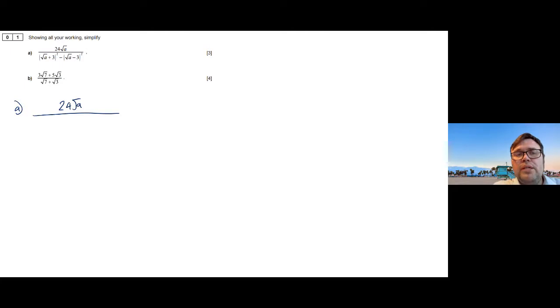Now, all squared. You can take this off to the side and then put a double bracket, smiley face, or FOIL. How I would like to expand it is square the first, so that's root a times root a, which is a. Twice the product, so that's 3 root a times 2, so it's going to be 6 root a, and then square the last, so it's going to be plus 9.